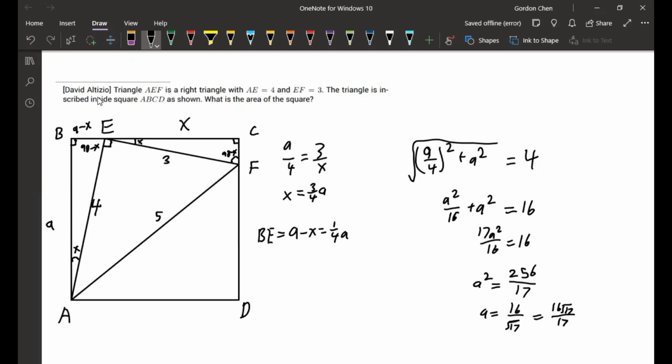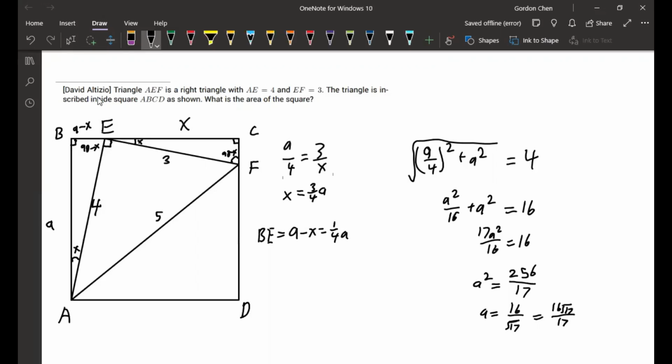And so we take AB and AE, and that gives us the ratio A over 4. And we have EF over EC is 3 over x, and those are corresponding.